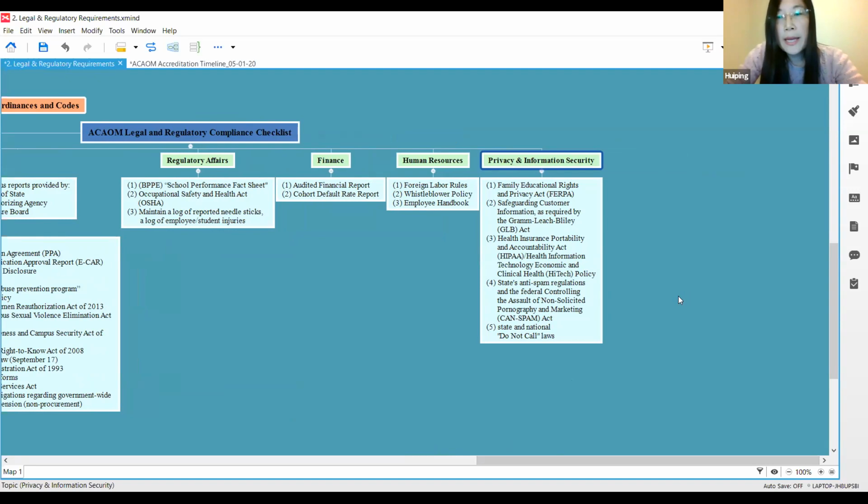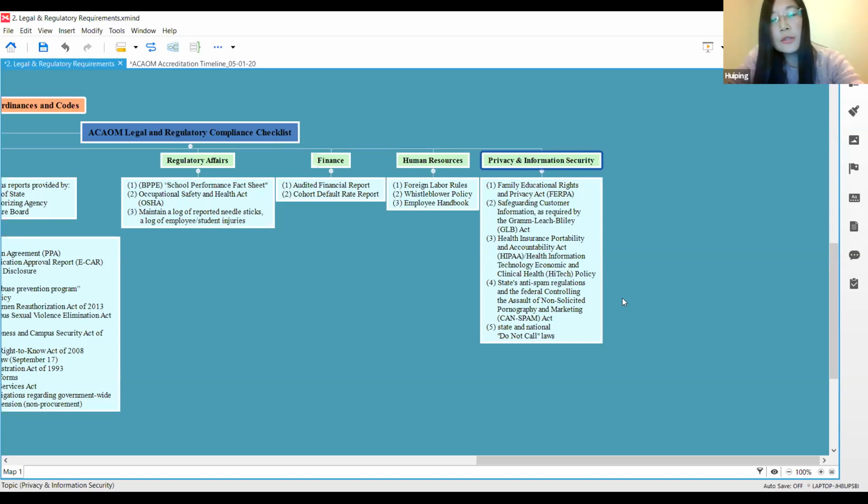We need to abide by the Family Educational Rights and Privacy Act, and also provide training to faculty and staff members. Another one, safeguarding customer information as required by the GLB Act, and also HIPAA, everybody knows about this, and the HITECH policy.